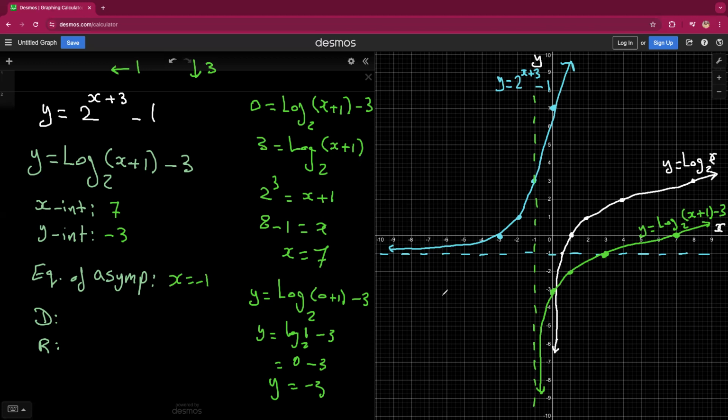The domain here: if you look at this bright green graph, you know it doesn't touch -1, and anything after -1 on the x-axis going to the right to positive infinity, that's the domain. So the domain is x is greater than, but not equal to, -1. And the range keeps on going forever down, and even though it's slow, it will go up forever. So the range is y is all real numbers.